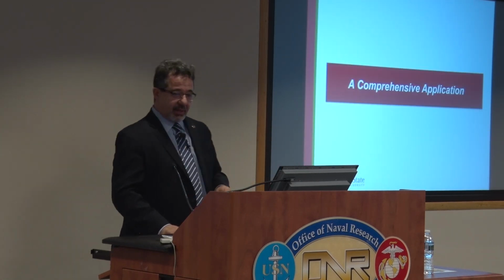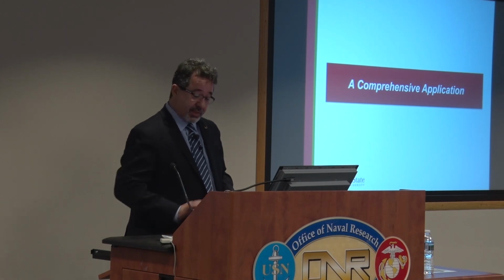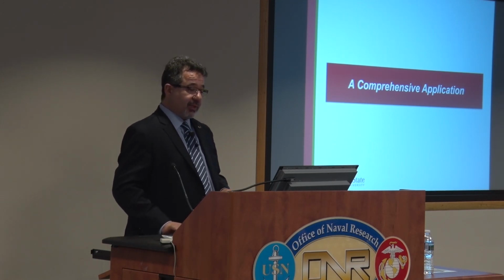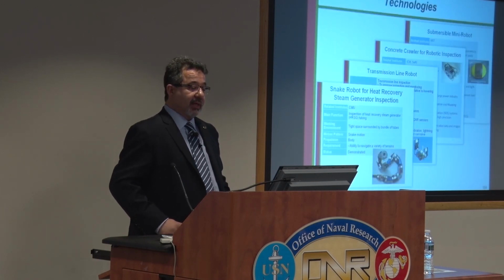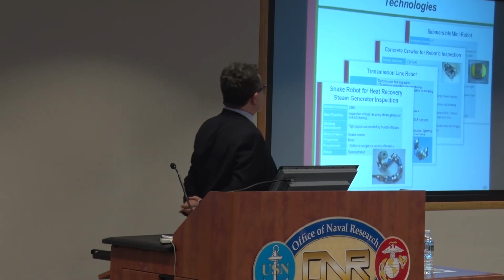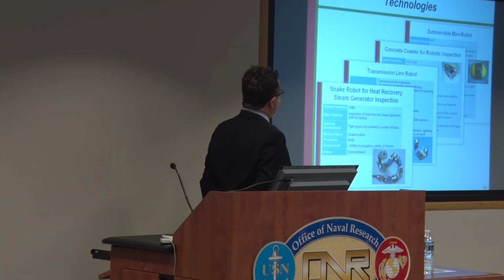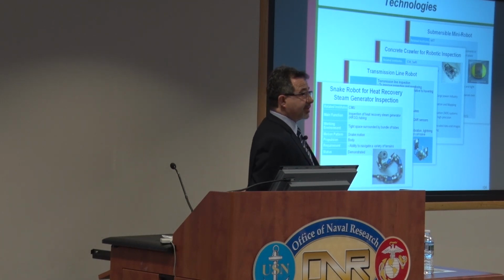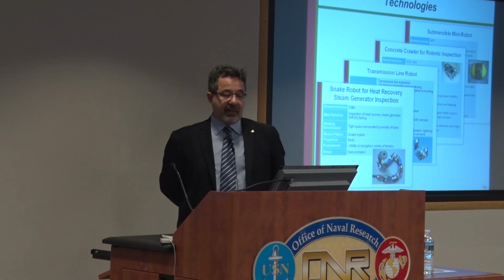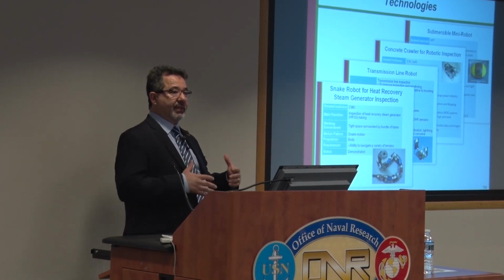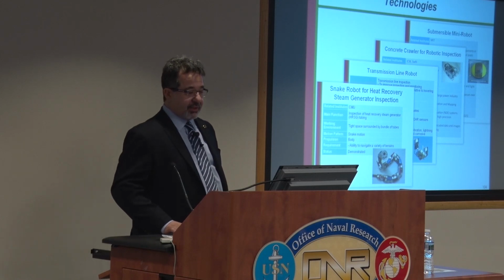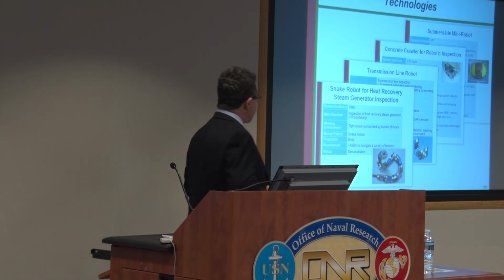All right, now I'm going to finish my talk very soon, but I want to go to a comprehensive application, how we can bring all these things together. So we worked with Electric Power Research Institute, and they were looking at robotic technologies, and they were trying to identify which ones they should invest in so that multiple objectives can be met, right? So there are a lot of different technologies in the power sector.